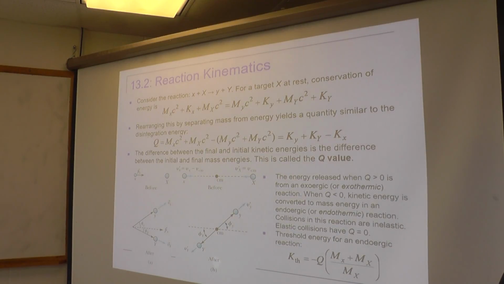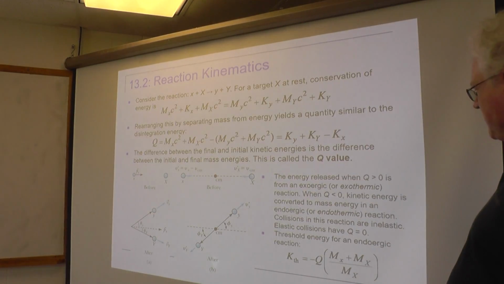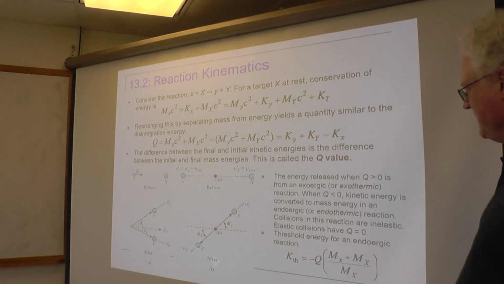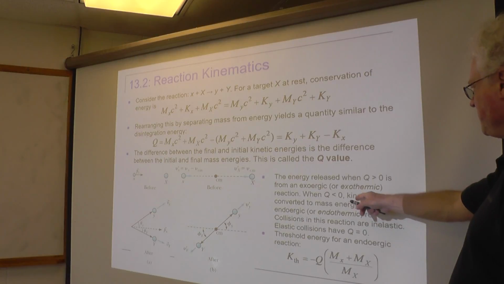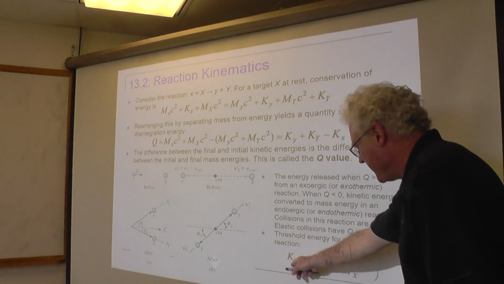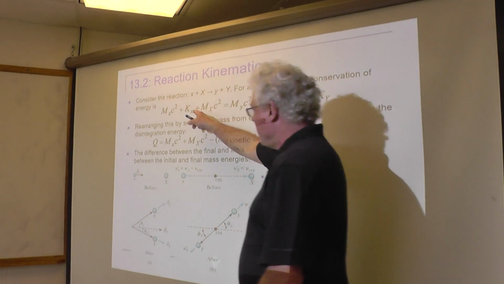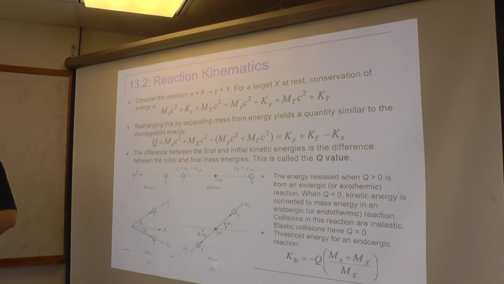And so if you do some algebra, and then use the definition for Q, you would find that this minimum energy would be the thing that's needed. So if Q was less than 0, for example, and Q is actually negative, then you'd find that this will actually be a positive number. That threshold would be the minimum amount of energy from this guy to come in and be able to allow that reaction to take place.